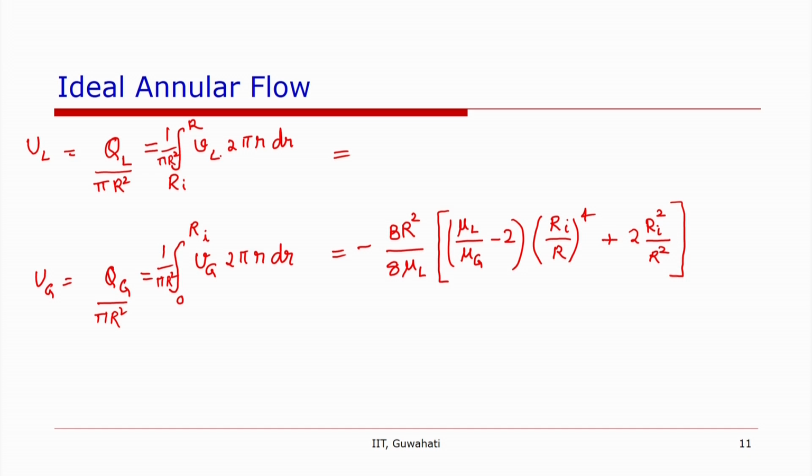Similarly, UL can be written as minus B R square over 8 mu L into 1 minus Ri squared over R square.